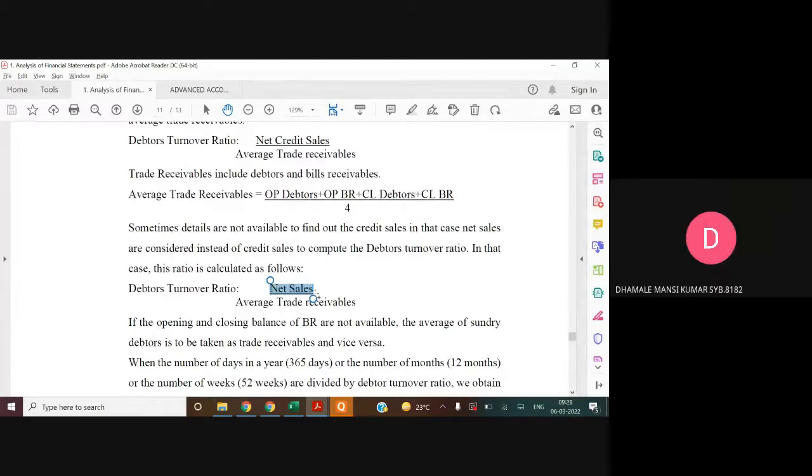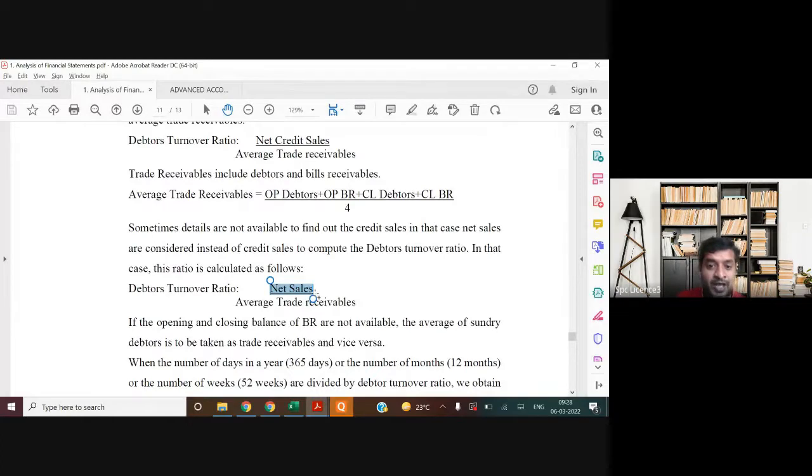One more thing I want to tell you, as trade receivables includes bill receivables. For the calculation of average trade receivables, you will need the opening and closing balance of bill receivable as well as sundry debtors.